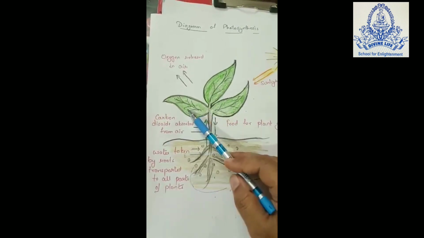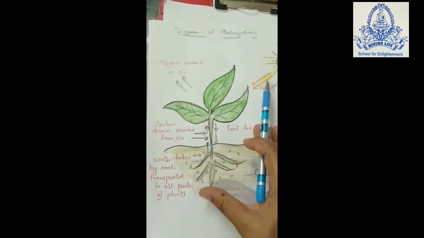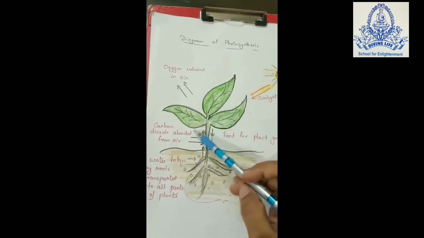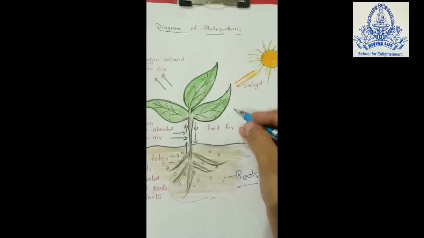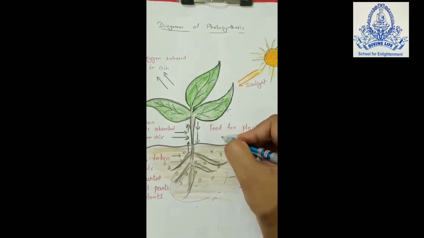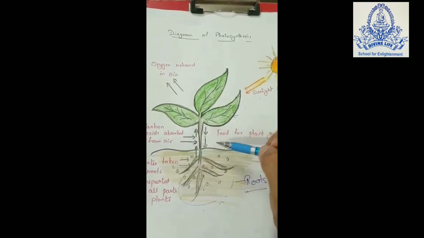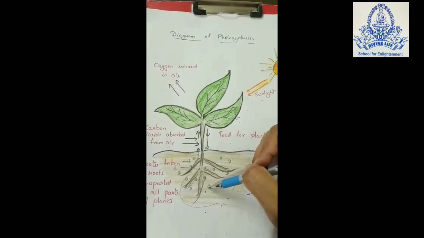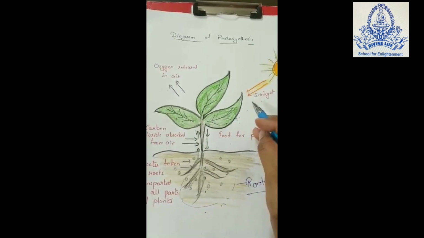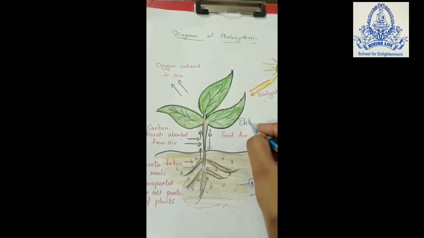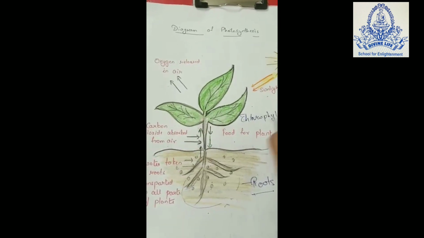Leaves, with the help of that water, carbon dioxide that they get from the air, and chlorophyll, prepare the food for the plant. This food is prepared by the leaves with the help of sunlight, carbon dioxide, water that is transported by the roots to the leaves, and chlorophyll. Chlorophyll helps the plants to prepare the food.